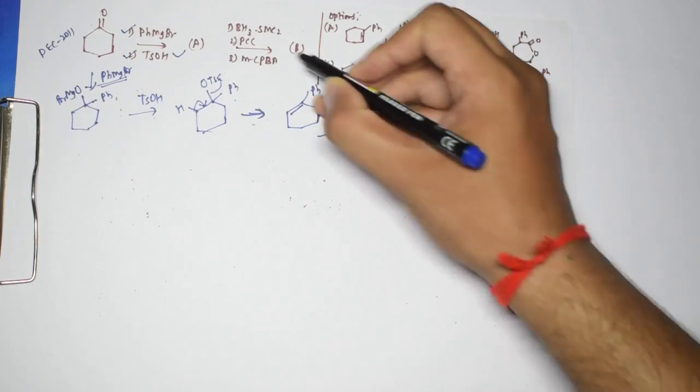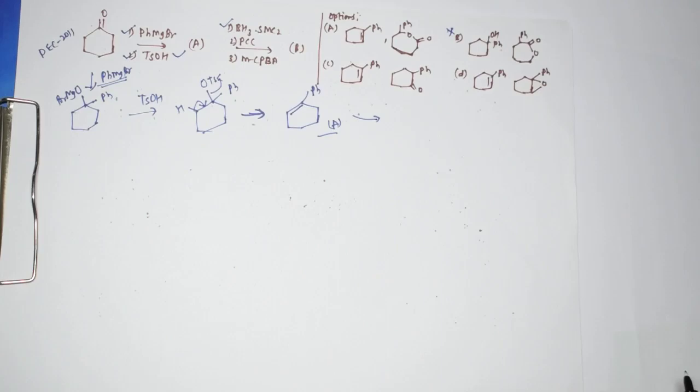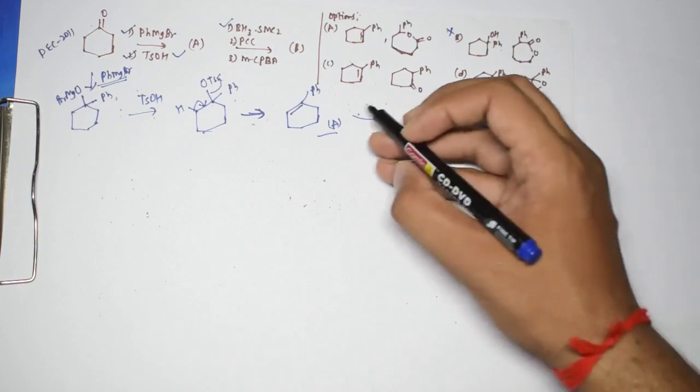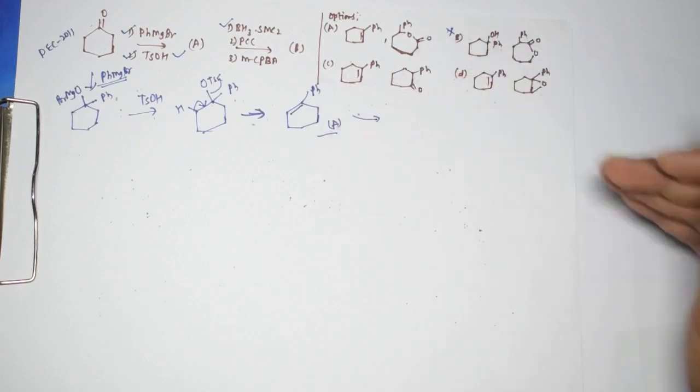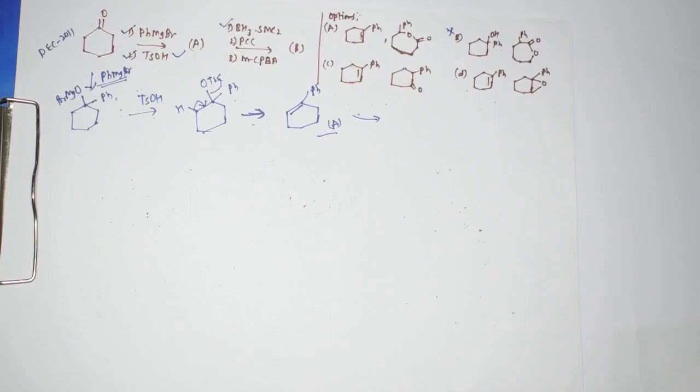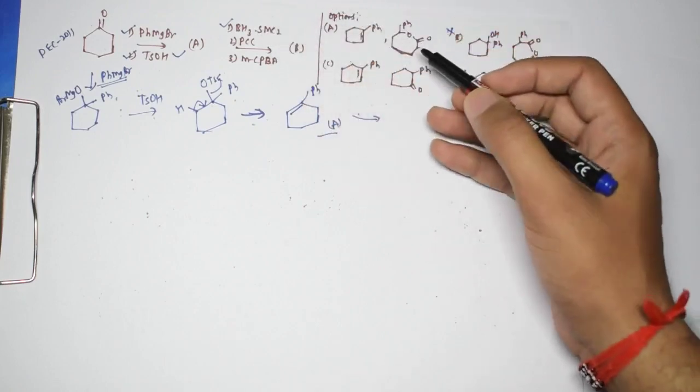Now, in the next step we have used BH3 and SMe2. This is a kind of hydroboration reaction. In the hydroboration reaction, I will make a separate video about this, once we start with the reagents, and we are going to understand all the reagents then.